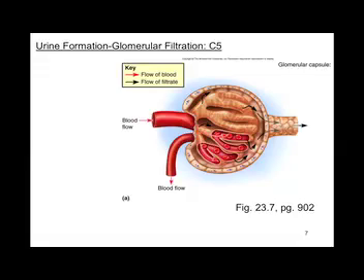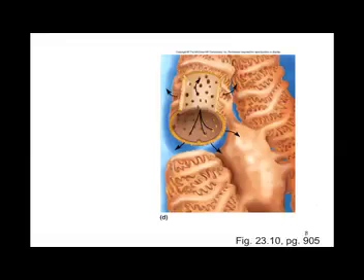So you have this very small space between these secondary processes of these podocytes. So this is actually a secondary or a tertiary filtration barrier. In fact, let me go to the next slide. So here is the simple squamous epithelium of the capillary. You can see the fenestrations, and so substances will actually move through those fenestrations.